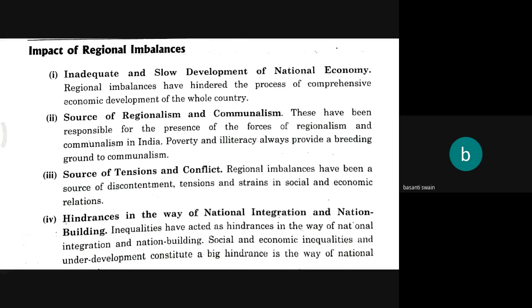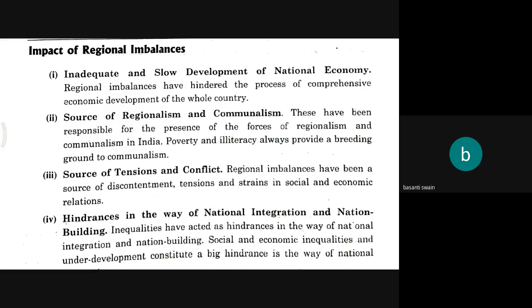Definitely, because India is a federal state. Article 1 of the Indian Constitution says India, that is Bharat, is a Union of States. So we should give attention to all the regions, and states should be developed accordingly and proportionally.